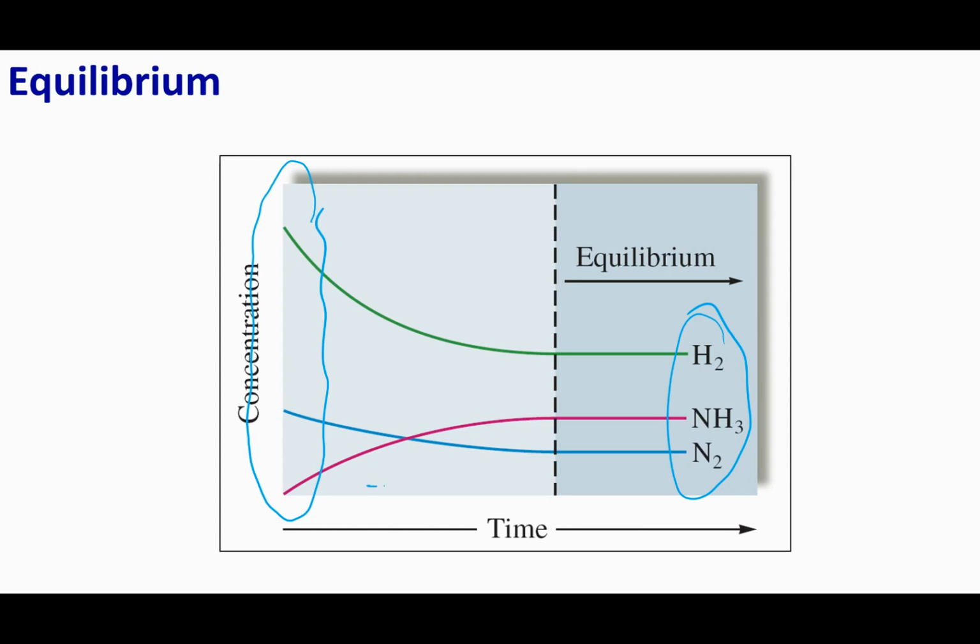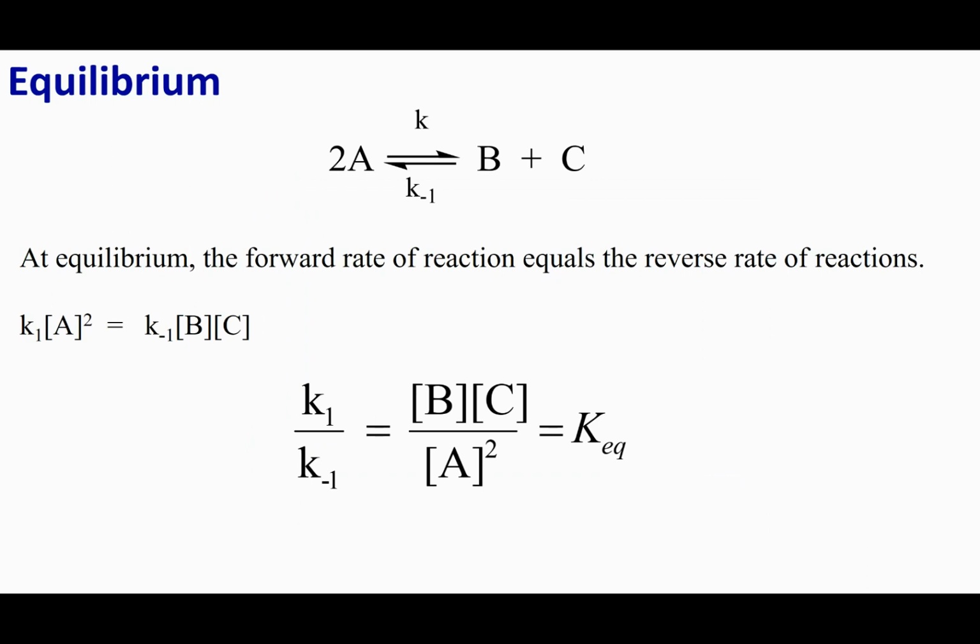So that means I want to see what path I am going to take to reach equilibrium. Okay, so let's talk about equilibriums. And again, we are looking at these equilibriums through a kinetic viewpoint. Equilibrium means that the concentrations of my products and reactants are not changing.